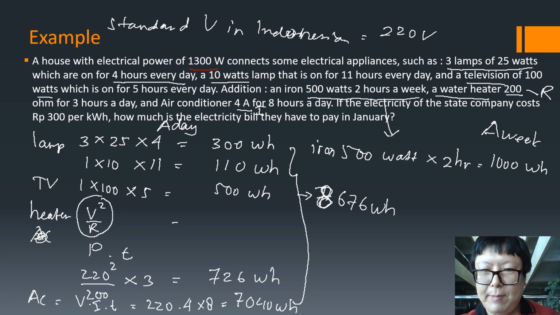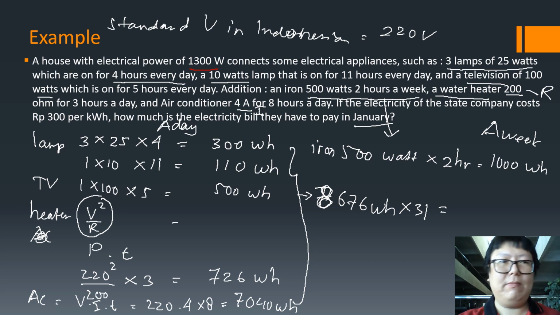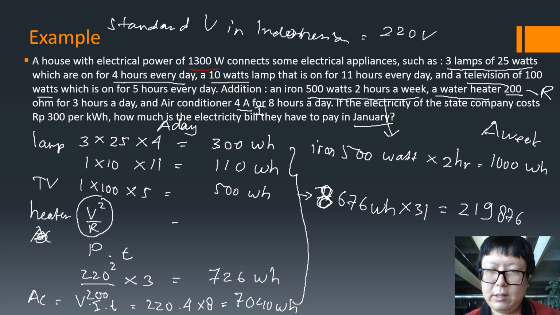Then you have to times by 31 because January is 31 days. Then we get, in a month, from the daily usage, 219,876 watt hour.